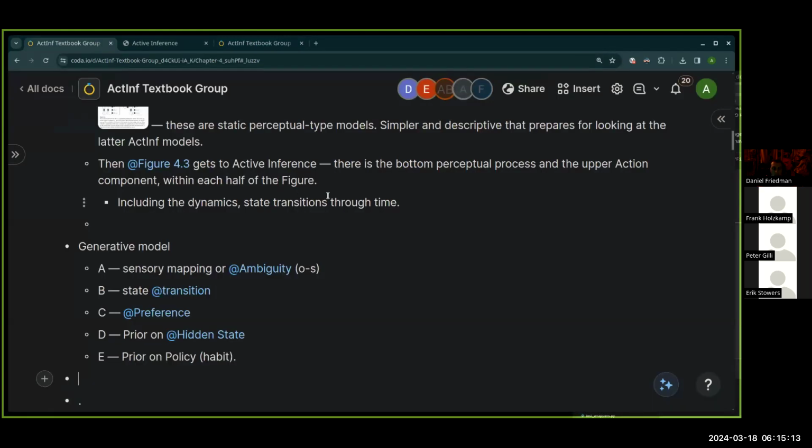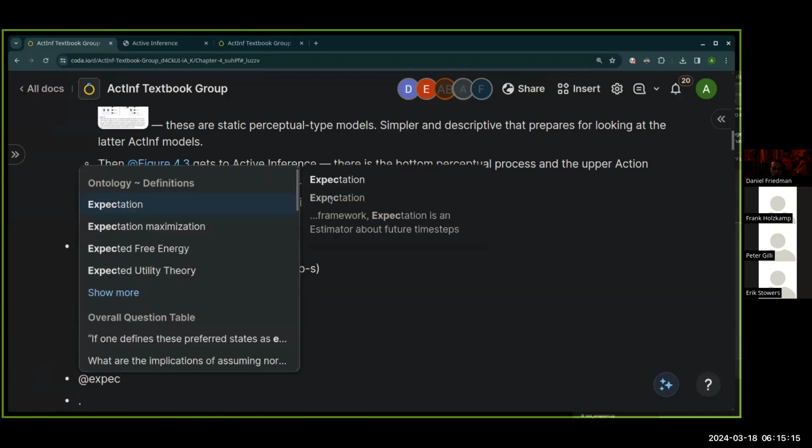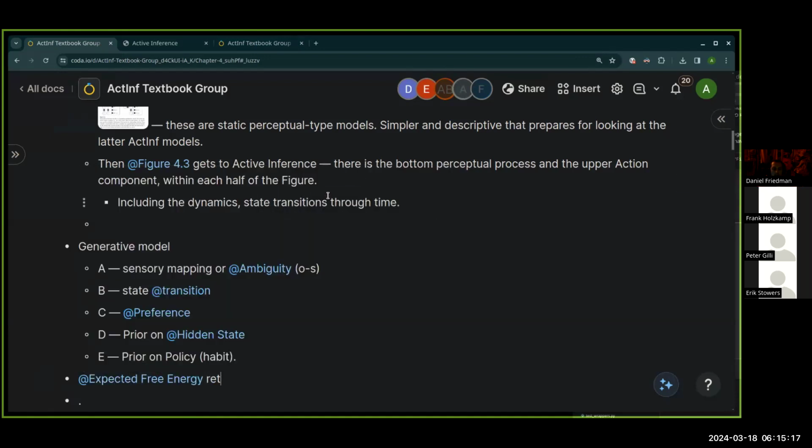This is where the agent doesn't just look at past or current observations to minimize its free energy, but it also wants to realize its preferences. And so it has to plan what it will do in order to realize those preferences or goals that it already has, right?